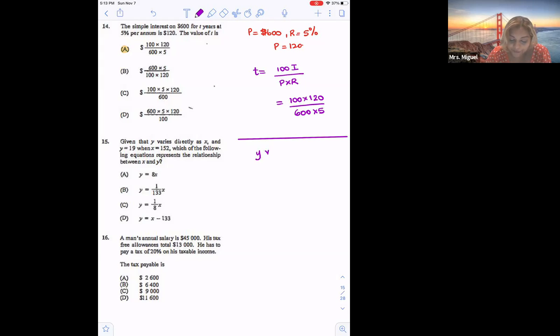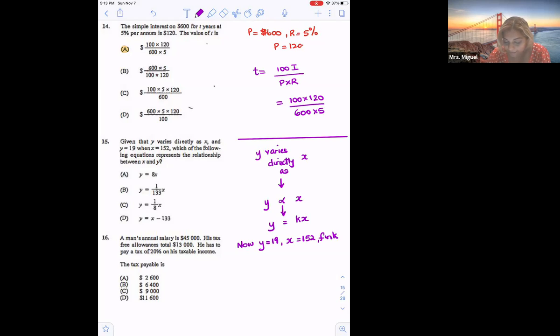Y varies directly as X. So instead of varies, we can use this symbol. When we change this symbol to an equal sign, we introduce a constant K. Now, when Y is 19, X is 152.